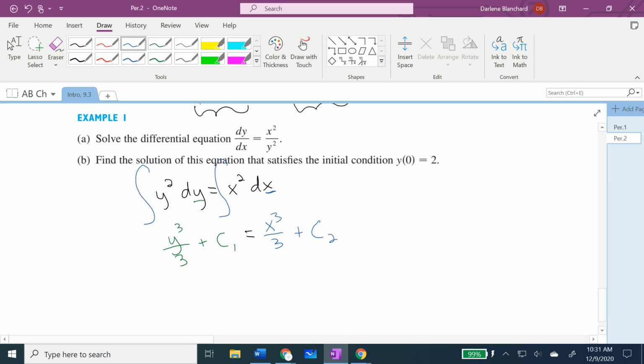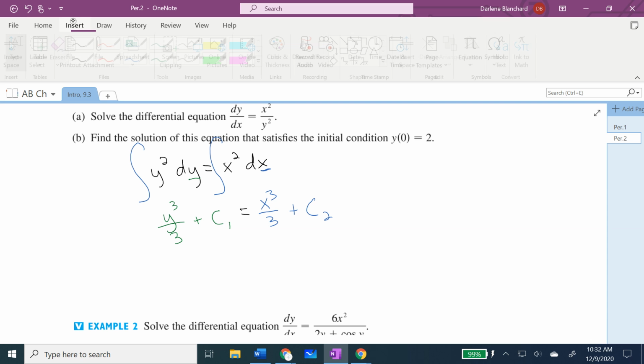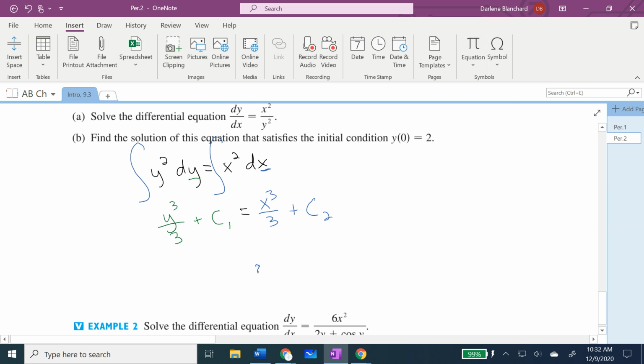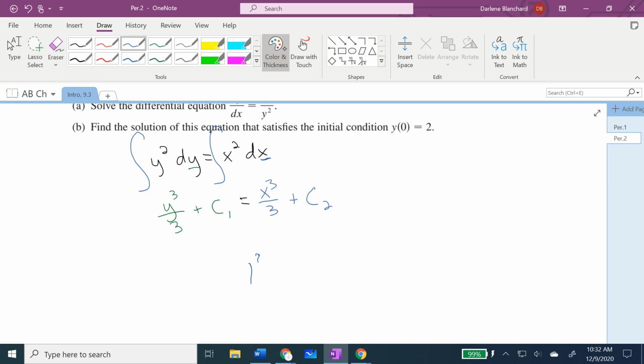Now, if you step back and look at that, do you see that it was unnecessary to put in both? If I have an unknown constant adding to one side of the equation and another unknown constant adding to the other side of the equation, I can just bring them together. So I could basically say subtract c1 to the other side, and now I have a subtraction of 2 unknown constants.